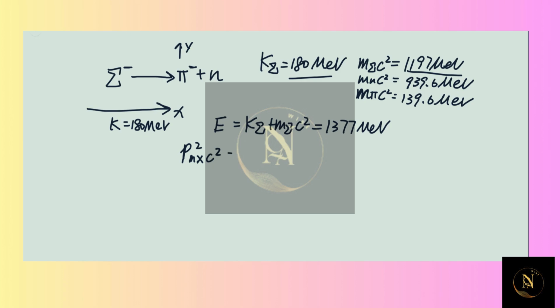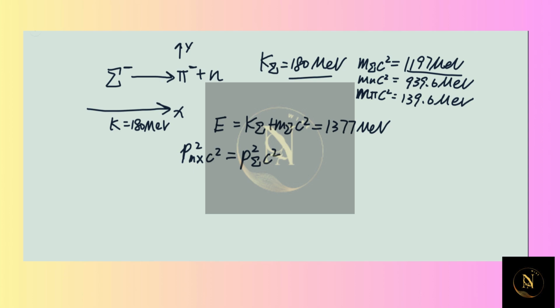So all the x momentum comes from the neutron, and the neutron's momentum squared times c squared is going to equal the initial momentum squared times c squared.